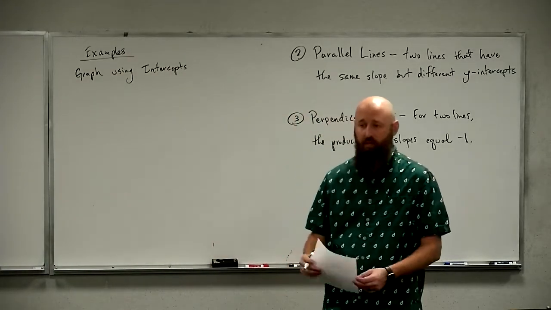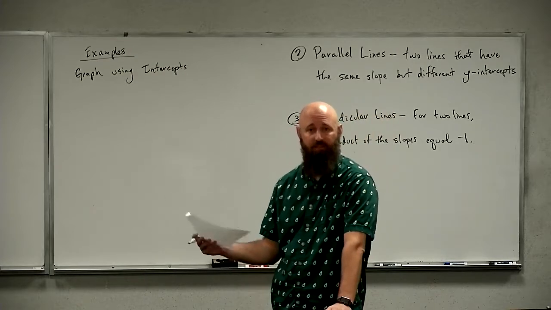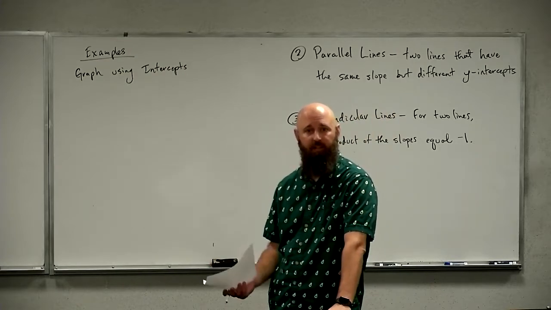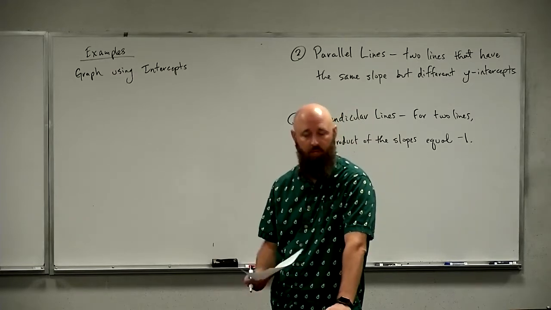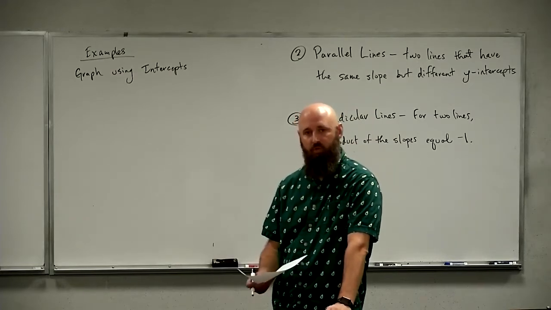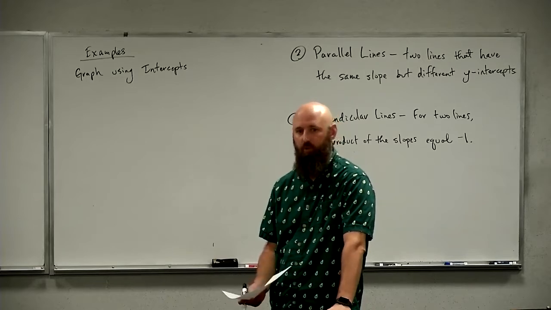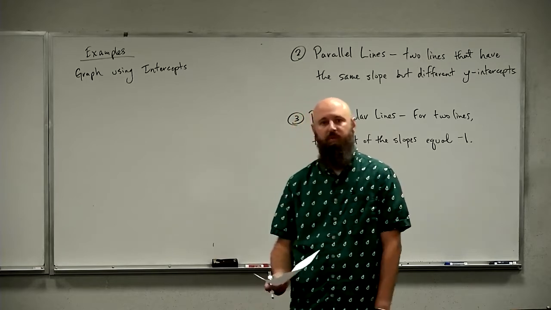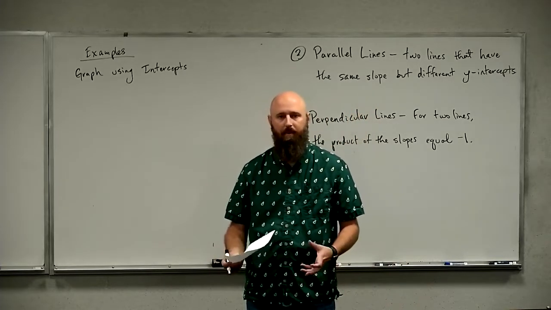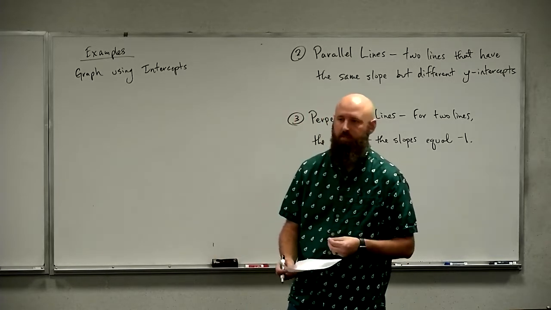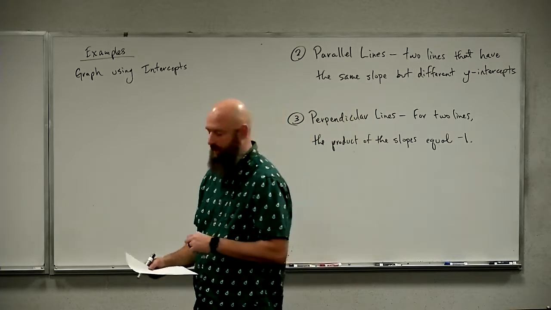Okay, so if it says graph using the points, you have to use whatever points they give you. If it says graph using intercepts, we need to find the intercepts and graph. If it says graph using slope intercept form, you have to do that. So make sure that you read your instructions so that you know which method to use, okay? Because they're looking for specific points. Now, in general, you could use any of the methods, but Pearson does make you use the specific methods. So pay attention to those details when you are graphing these, okay?